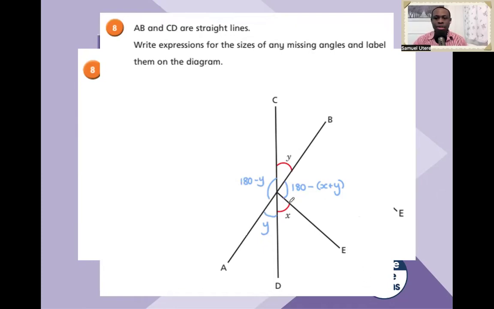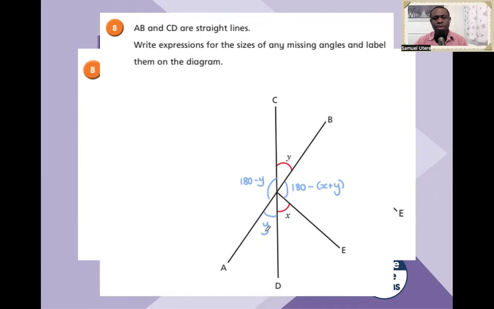And here are the expressions we can write. So looking at the straight line CD, to get this angle, we need to add this and add that and subtract it from 180 degrees. That's why you can see it here. And then this angle here will be equal to y.